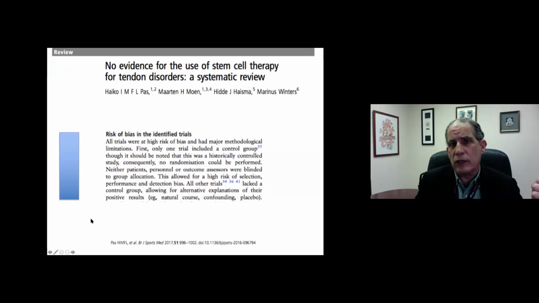Associated with that is the use of stem cells, which, as you know, has become a very important intervention in medicine. I think we are behind in terms of producing evidence that stem cells actually work for tendon disorders, but the theory for stem cells is extremely strong, as you may know.